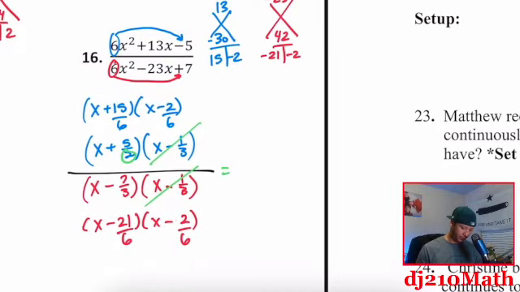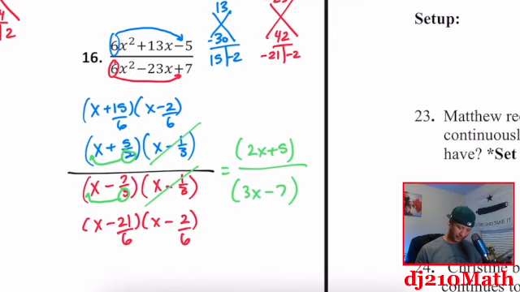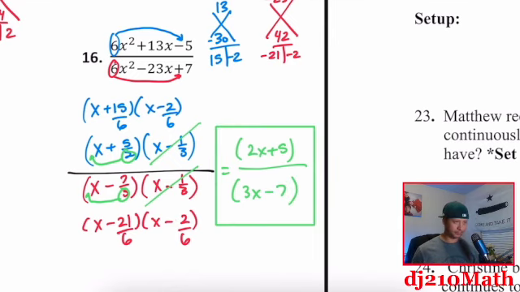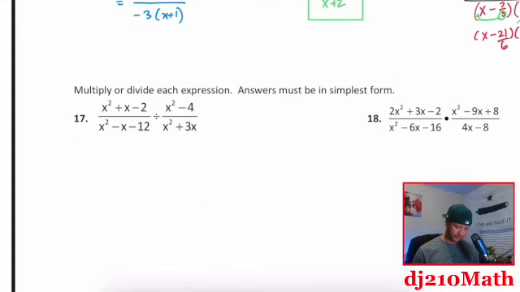Now, we don't typically leave these as fractions. If there's a number in the bottom, that number gets moved. So this is 2x plus 5 over 3x minus 7. Final answer.